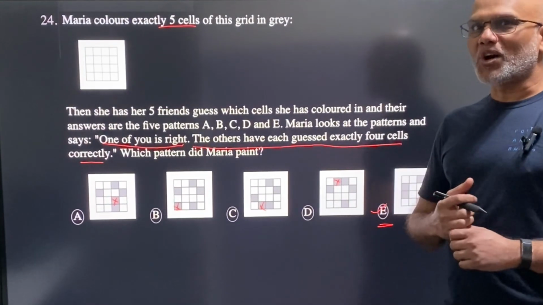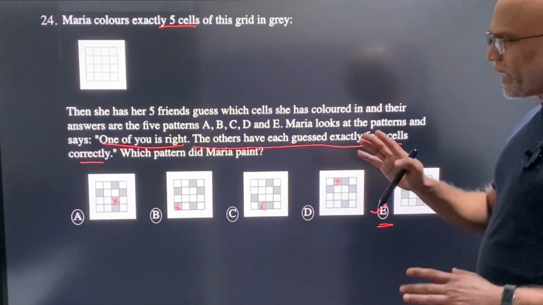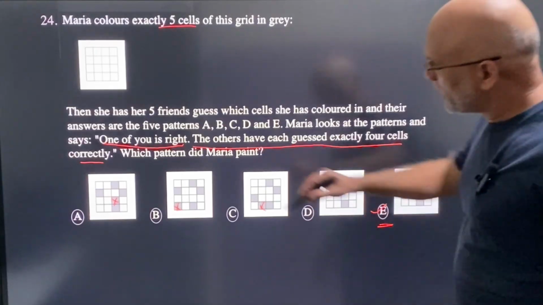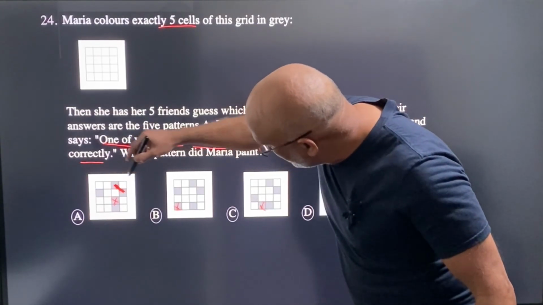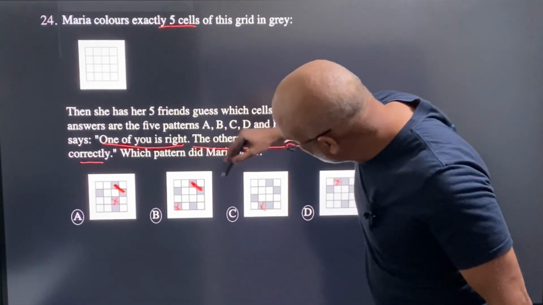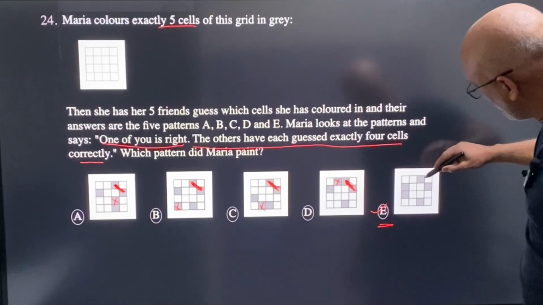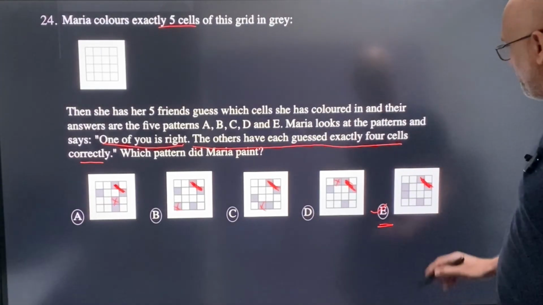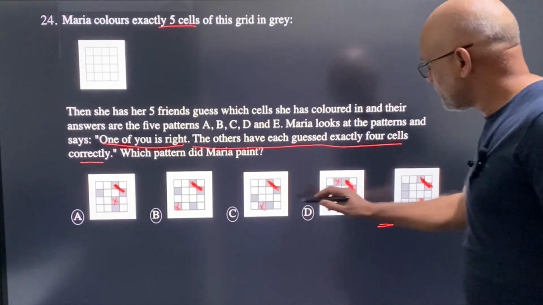Actually, one thing just occurred to me. Since we are comparing all the 5 patterns, we can ignore the ones that are common to all. For example, these 2 are common to all, so I can ignore those 2, those 2, those 2, those 2. Similarly, this is also common to all, so I can ignore this.